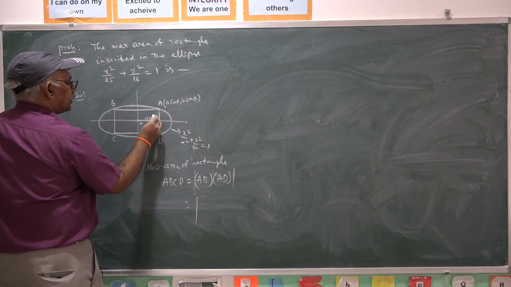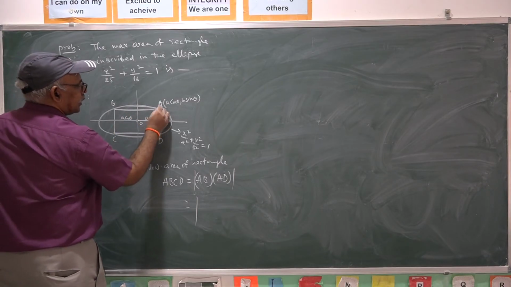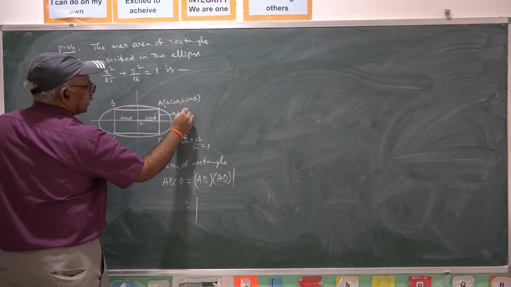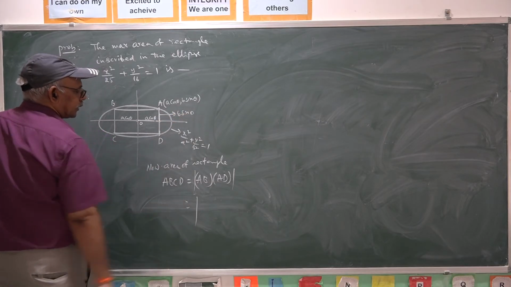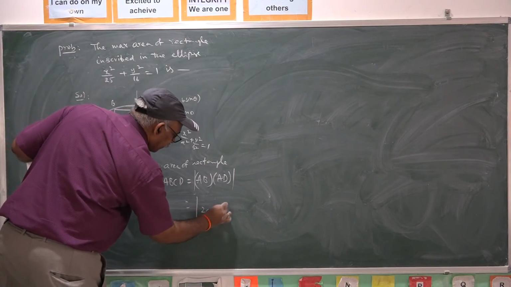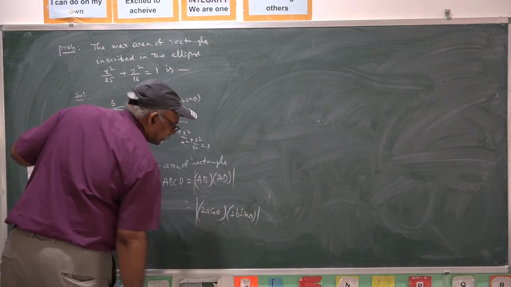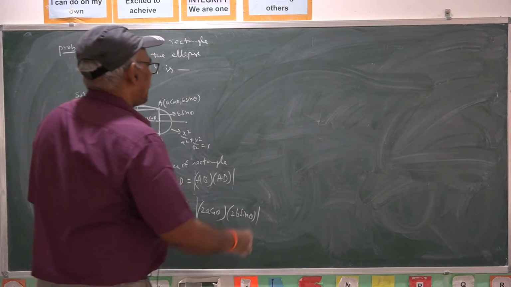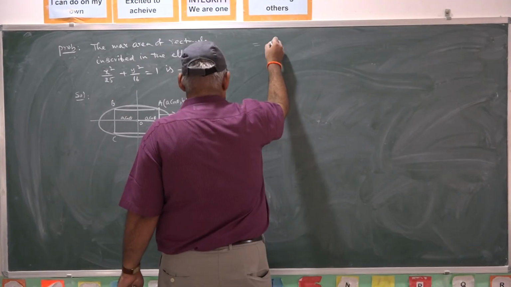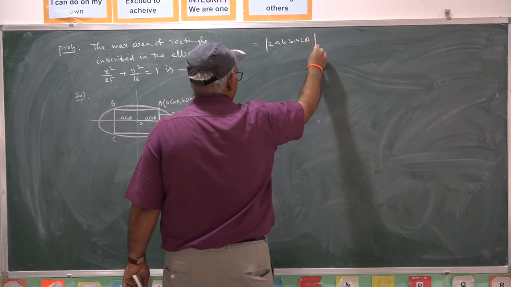By symmetry, this is also a cos theta. This length is b sin theta, hence this one is also b sin theta. Therefore, AB is 2a cos theta, AD is 2b sin theta. You can write it as 2ab sin 2 theta, with modulus.